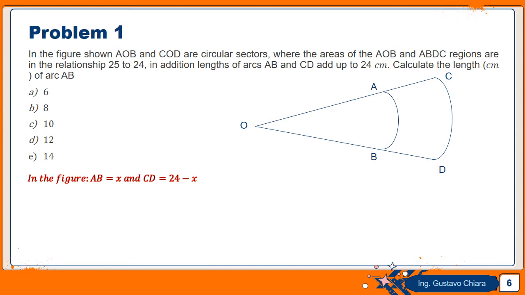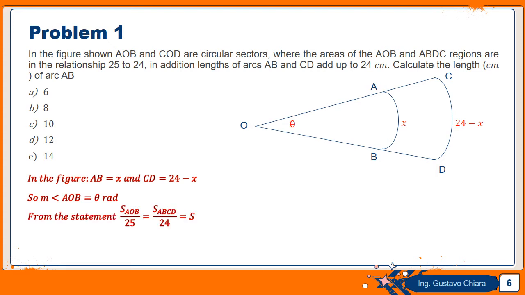And in this way, the sum of these arcs is 24. So we can write in the picture in order to get a solution. So remember that the angle AOB is equal to theta radian.